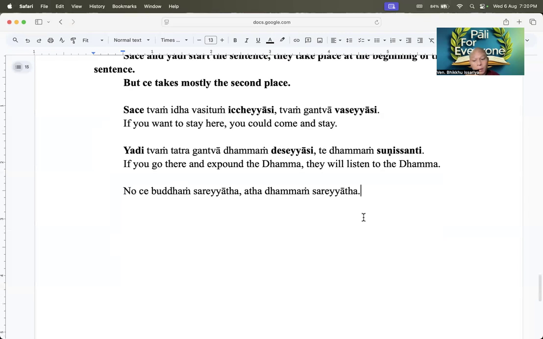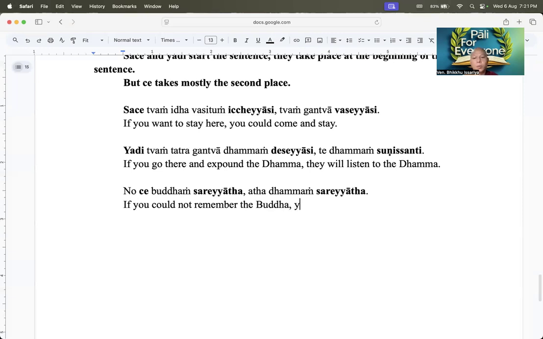Here you see ji is just in the second place. But here Sriyata, an optative verb, here Sriyata also an optative verb. The meaning of Sriyata here is second person plural. So if you could, remember the Buddha.